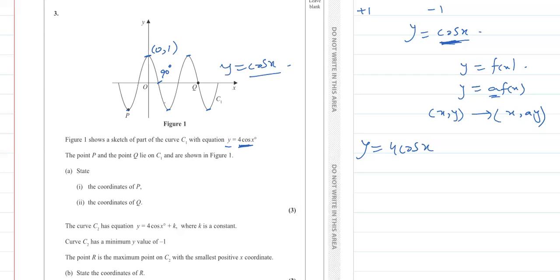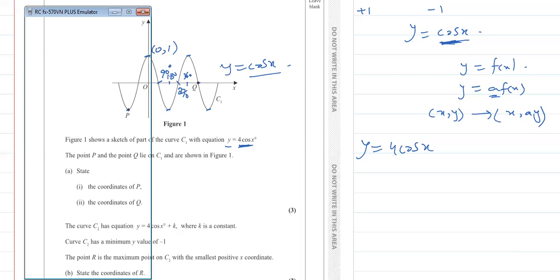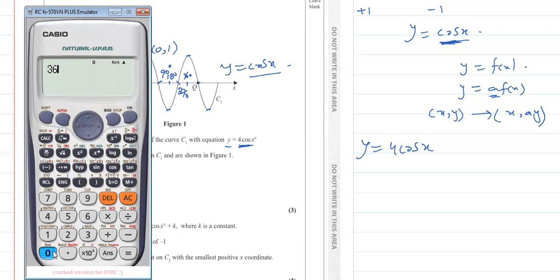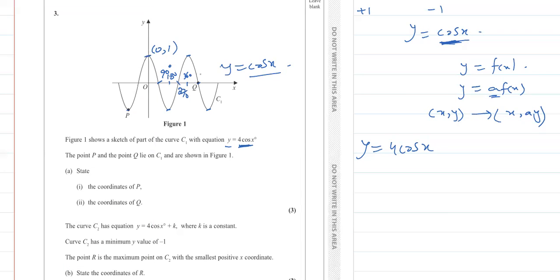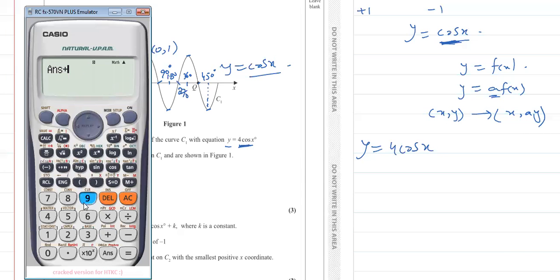This is 90, this one will be 180, this one will be 270, this one will be 360, this one will be 360 plus 90 more, 450. This is going to be 450 degrees, and this is going to be plus 90 more, that is 540.